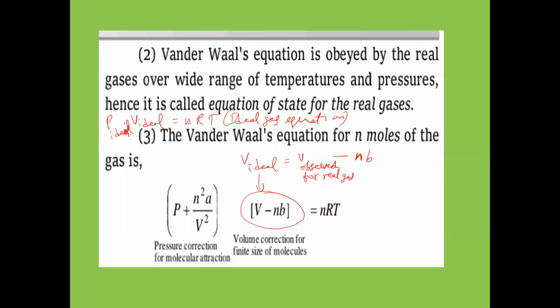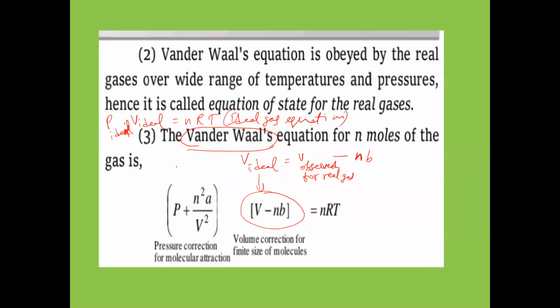Now this ideal gas equation is converted into a real gas equation by Van der Waals. The scientist's name is Van der Waals. He has introduced some corrections for pressure and volume. This is the pressure correction, this is the volume correction.